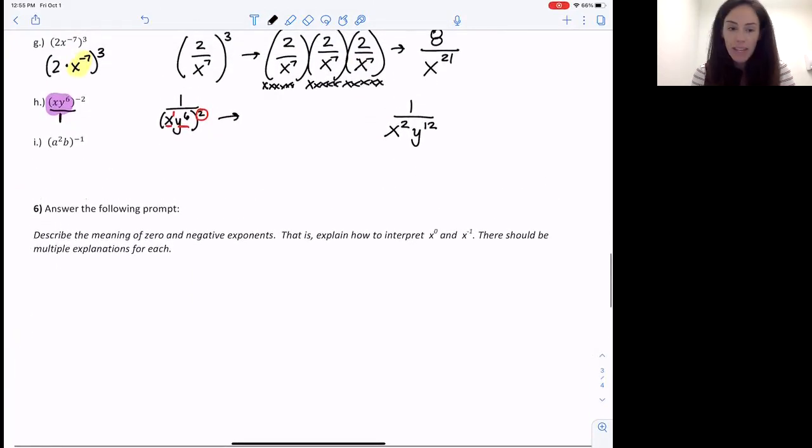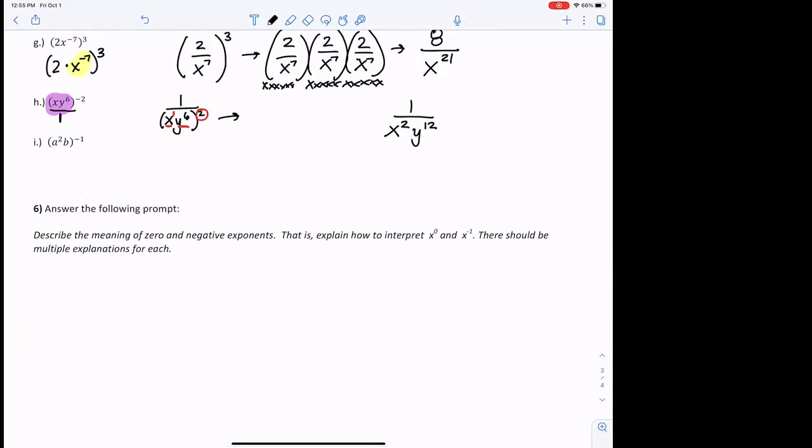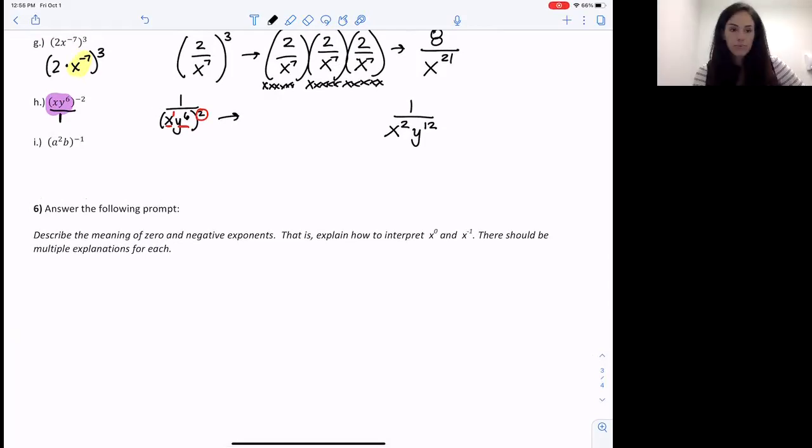Last one, letter I, I want you to try right now. All right, friends, for this one, again, the negative 1 applies to everything inside that parentheses.